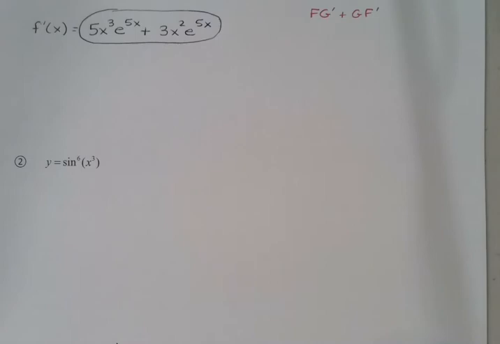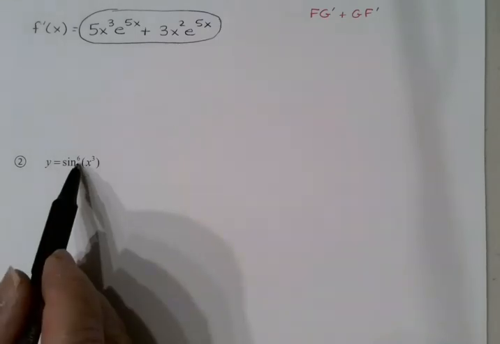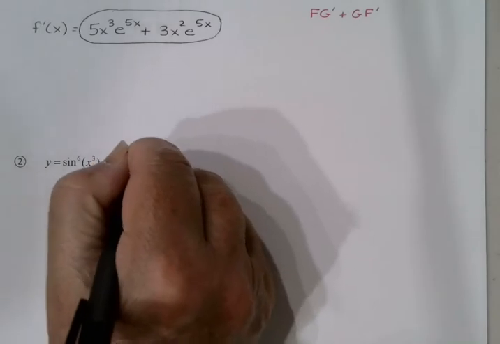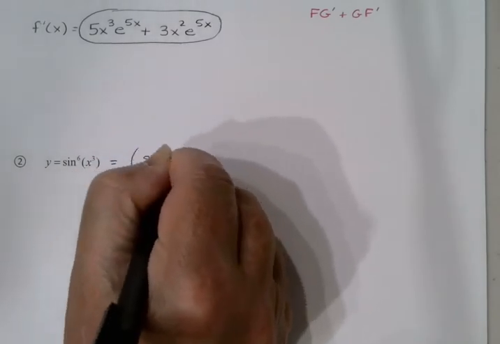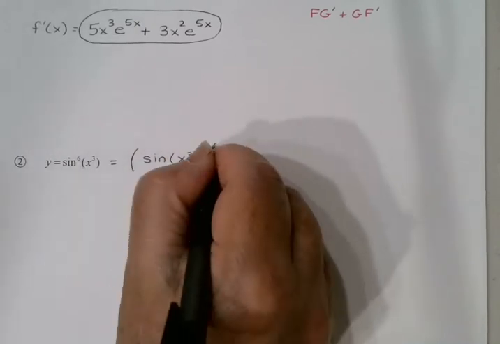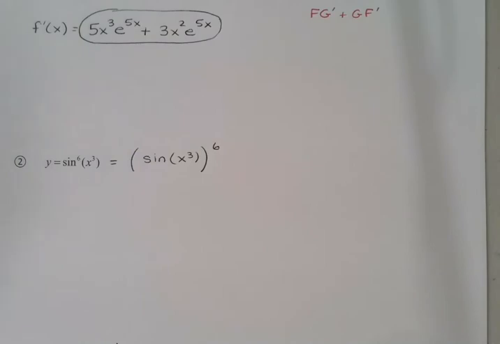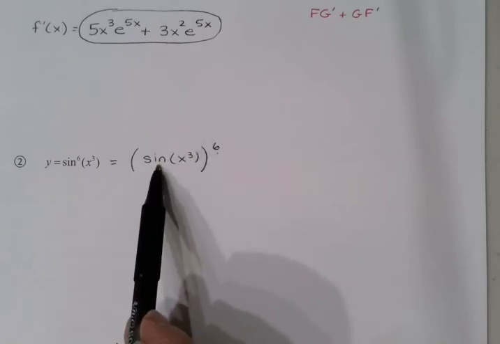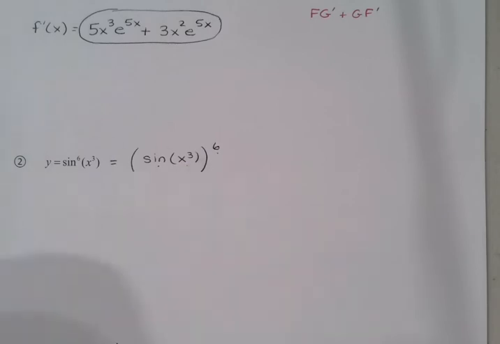All right, what about number 2? There's that power of a trig function again. Let's start by rewriting this. That would be the sine of x cubed, all raised to that 6th power. What I actually have here is a double composition, or in other words, I'll need a double chain rule. The outermost function is the 6th power, and then the sine function, and finally the x cubed.